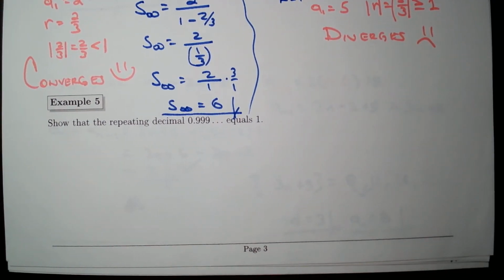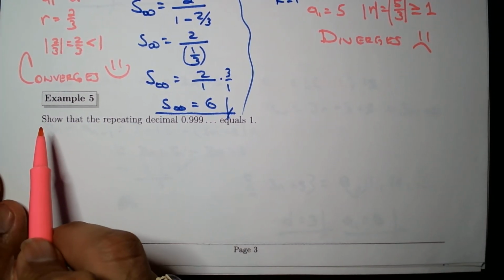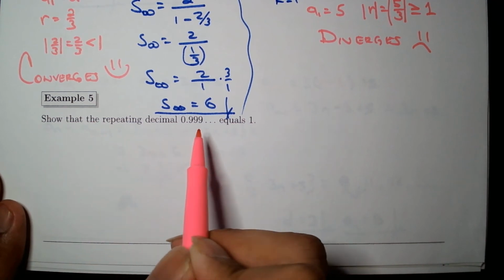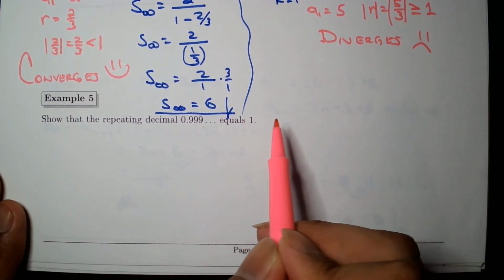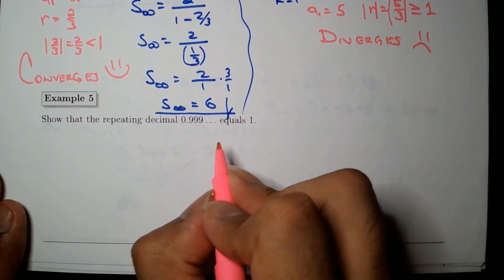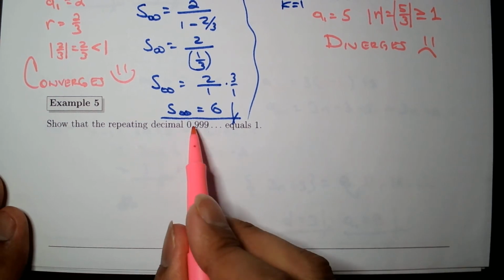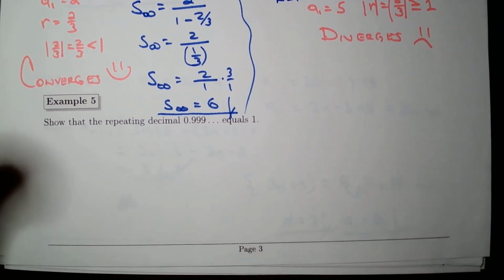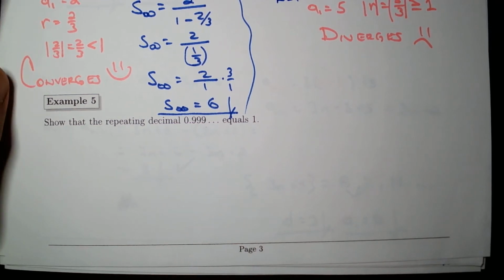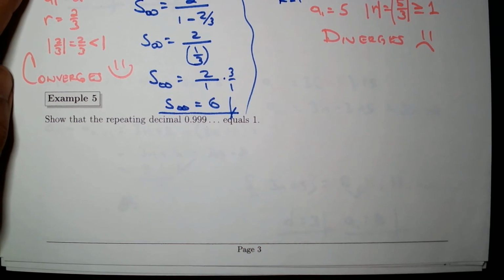A very classical problem. Show that the repeating decimal 0.99999..., where the dots indicate that this decimal goes on forever, equals 1. So we need a different representation of this number, so we can apply the infinite series test for geometric series to find its infinite sum.